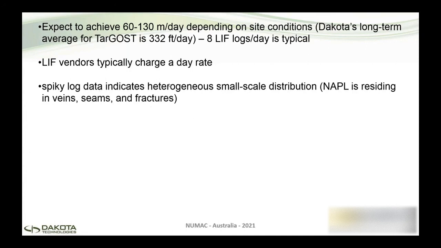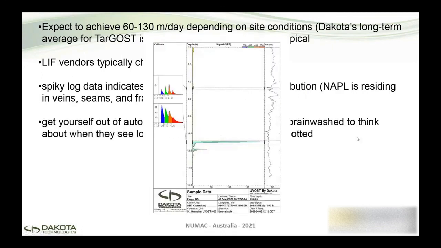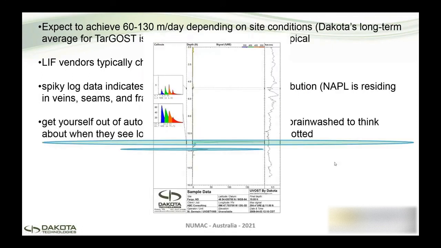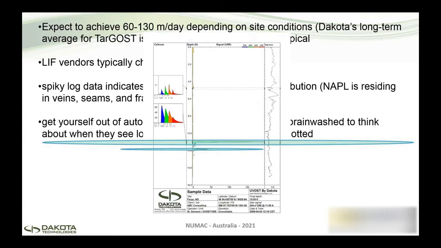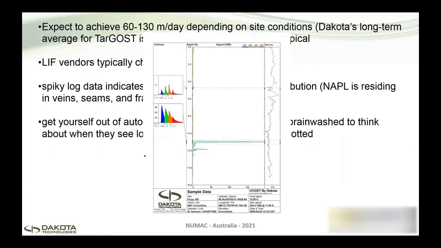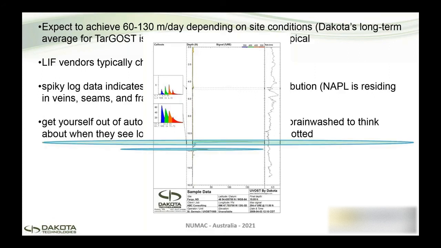And remember that the spiky logs tell you a great deal. In fact, you get hypnotized into thinking these are layers of NAPL down under the ground, okay? Because we plot in Cartesian coordinates, I'm producing a layer just by the way we plot logs.